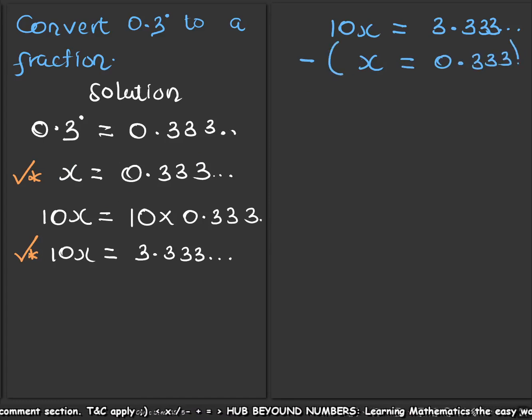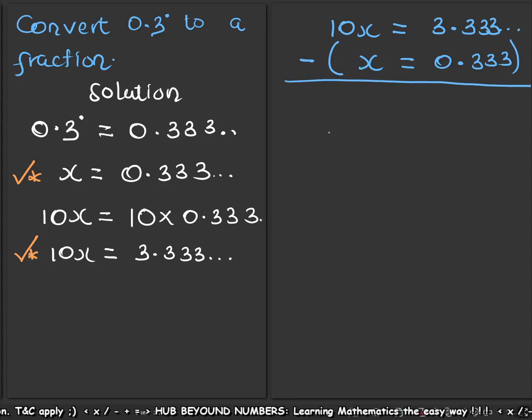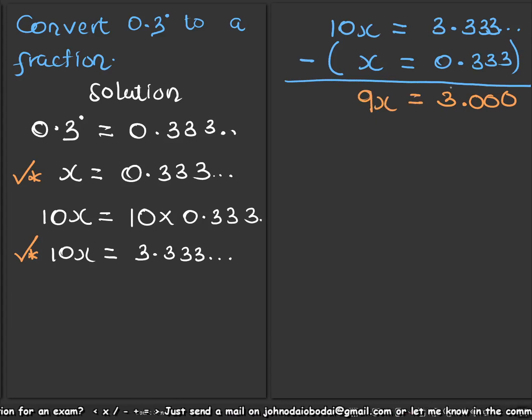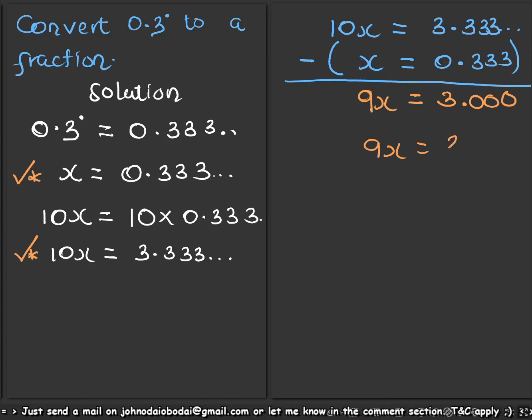So we subtract. 3 minus 3 gives us 0, this also gives 0, and then 0. Then we have 3 minus 0. Don't forget your decimal point. So the decimal point comes here, then you have a 3. On the left, 10x minus x gives us 9x. So 9x is equal to 3.000, which is still 3.